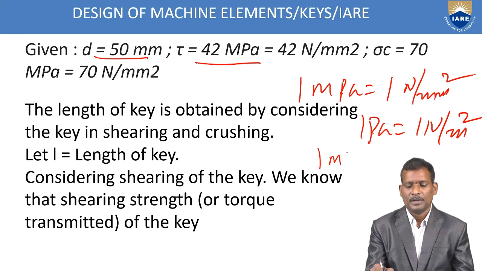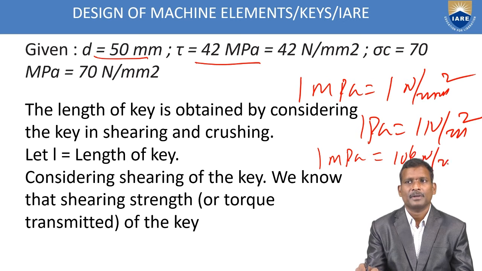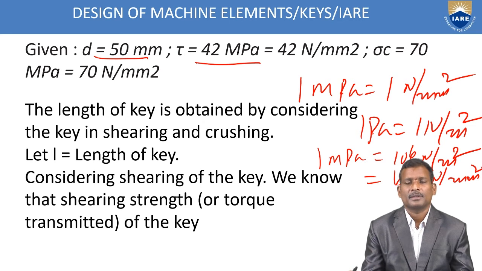So, 1 megapascal means 10 to the power of 6 Newton per meter square. In terms of mm, 10 to the power of 6 divided by 10 to the power of 6, it is converted into Newton per mm square.